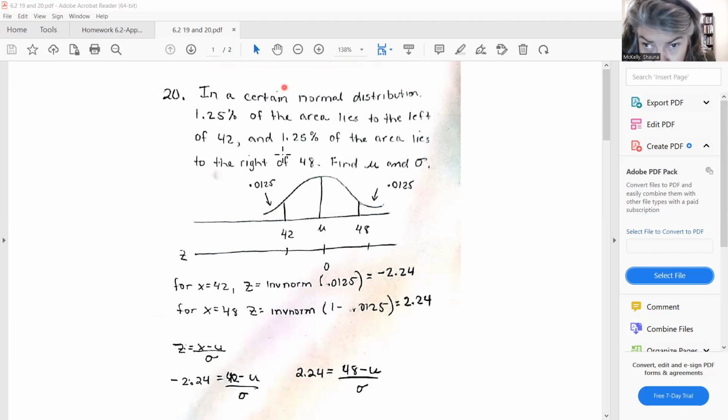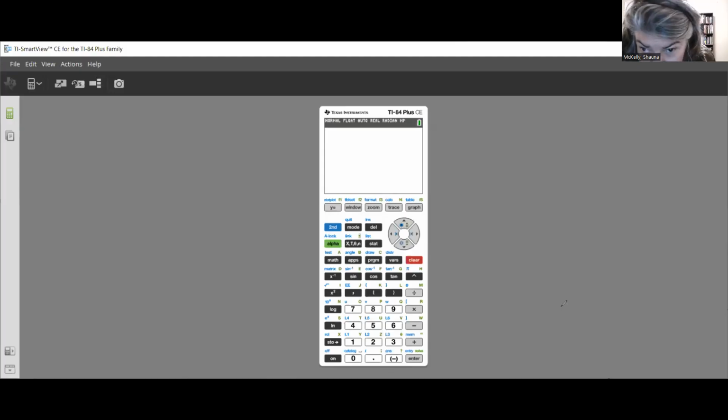Let me switch screens and show you that. Now, recently, my emulator was updated to the TI-84 CE. So this may look a little different from your calculator that you're used to, but it's got all of the same functions.